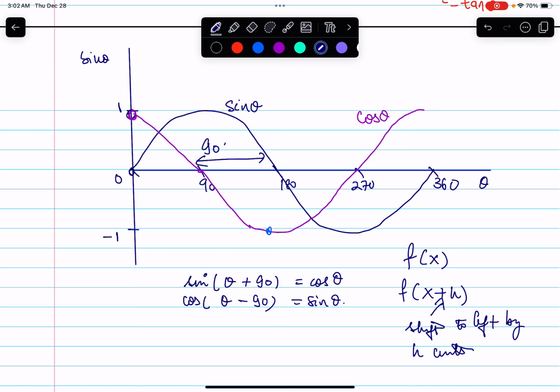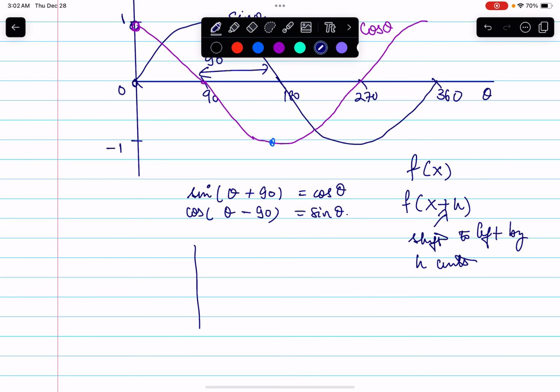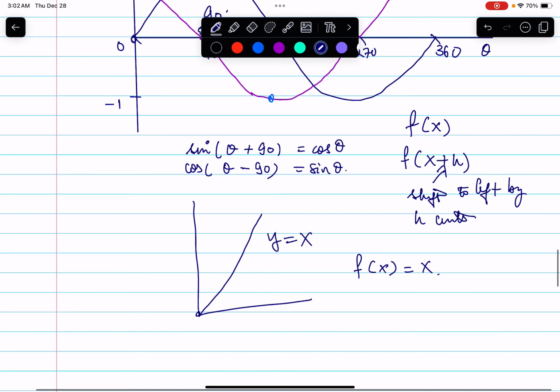The way we can do this is, let's say we have a function where y is equal to x, so f of x is equal to x, correct?